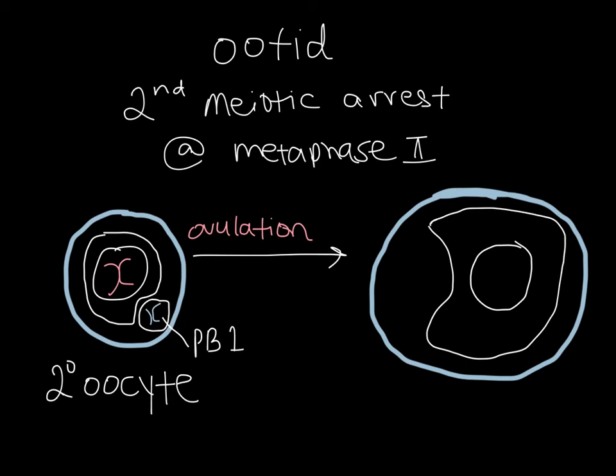So we have here now, there's polar body 1. And whereas previously this secondary oocyte was 1N, 2C, the sperm comes along.